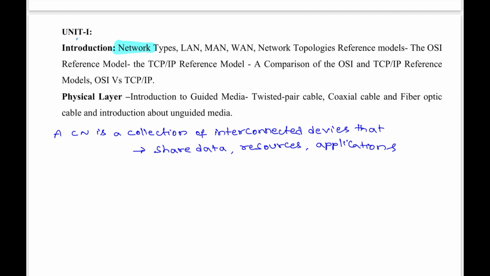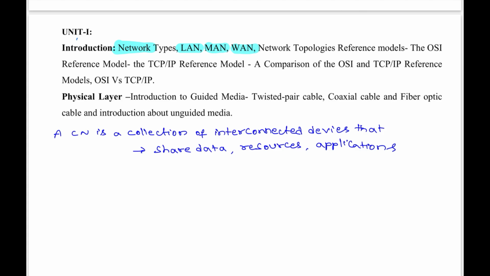After understanding what exactly a computer network is, we will try to understand the classification of networks based on their geographical coverage. The first one is LAN, second one is MAN, and third one is WAN. We're going to understand these networks.